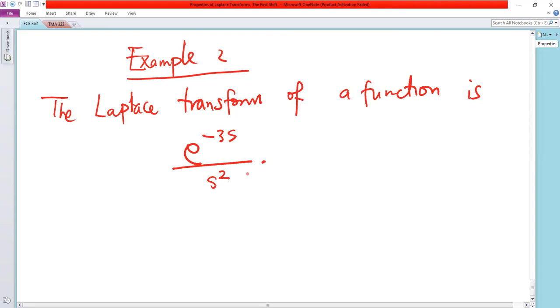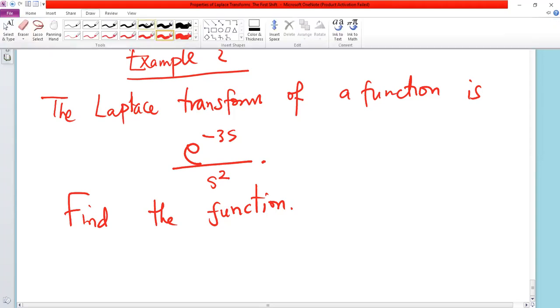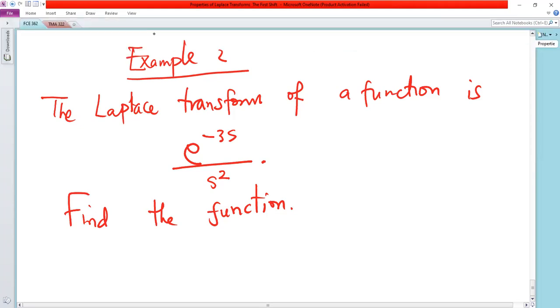So this is an arbitrary function. Find the function. Now, the existence of an exponential term in the Laplace transform signifies the application of the second shift property.